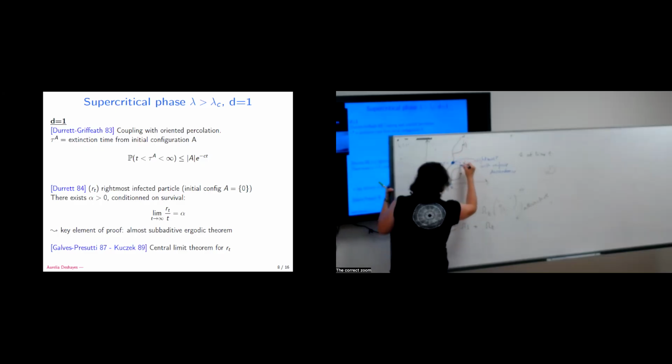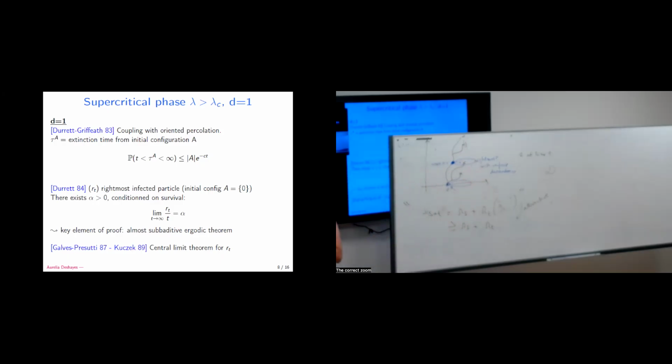So the environment here is not the same as the environment here. The lack of additivity or attractivity makes this method not work. Okay, so this is the behavior of the really nice contact process.